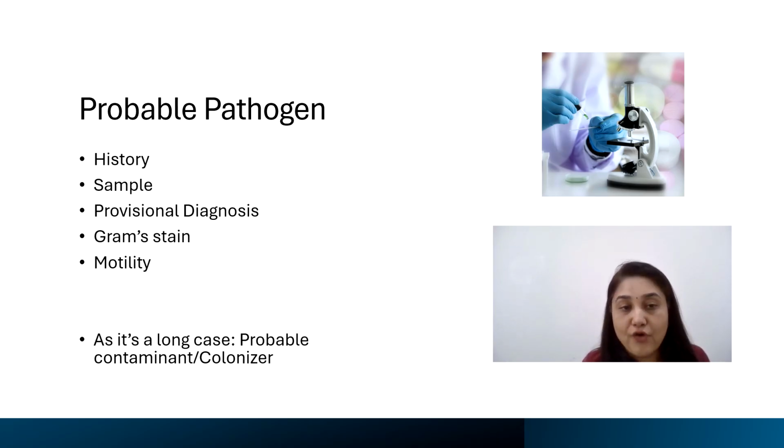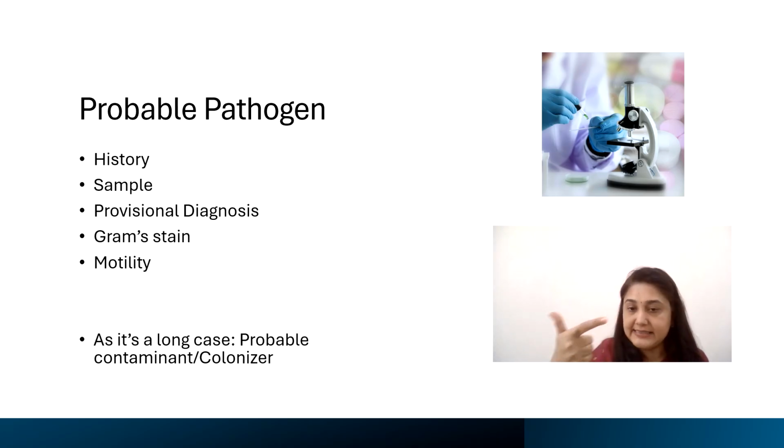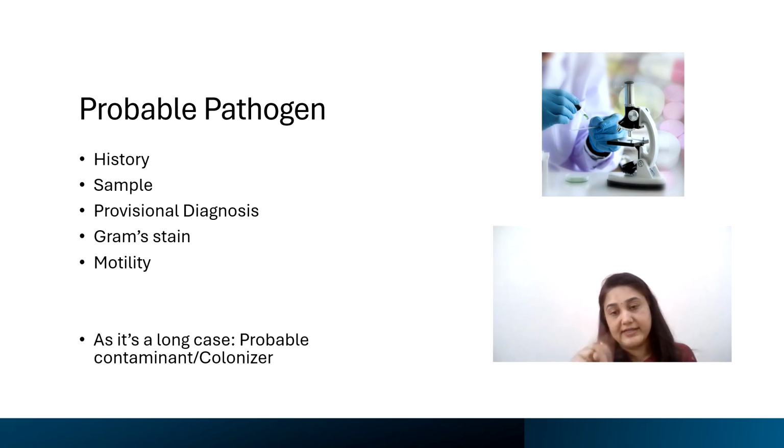So we have performed this case the first day, and the next day you will get the growth on your plate. So you should know the probable pathogen by the end of your first day, that is based on history, sample, provisional diagnosis, gram stain and motility. In the long case generally 2 organisms are given.